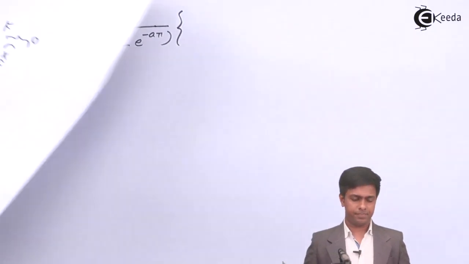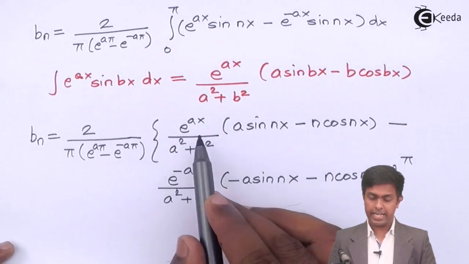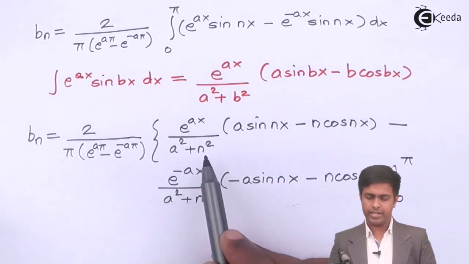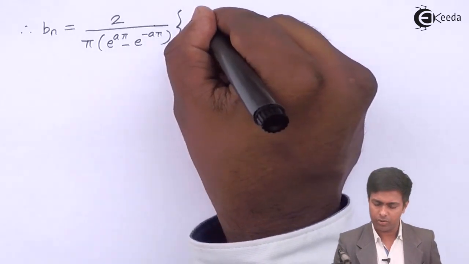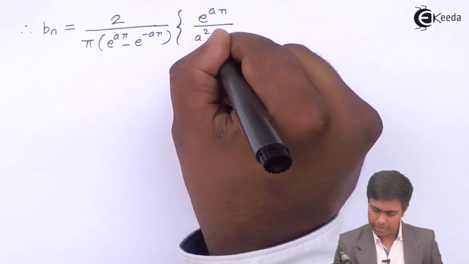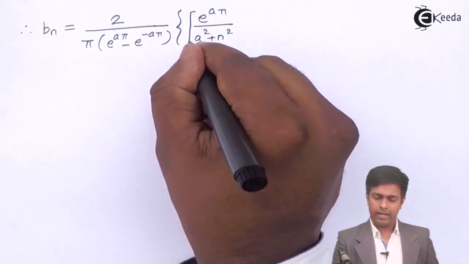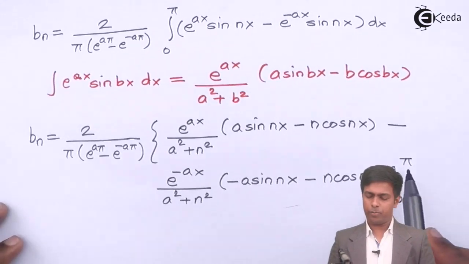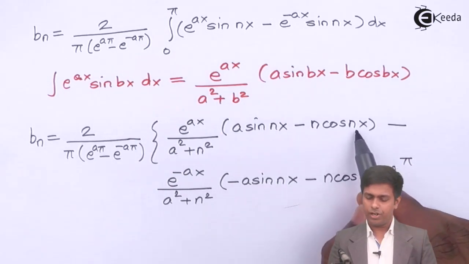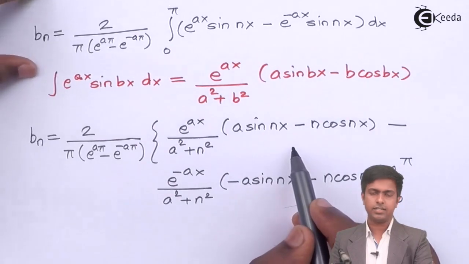In the bracket, if I put x as pi, we will get e raised to a pi upon (a square plus n square). So I'm substituting the upper limit. Next, if I put pi here, we get sine n pi, and sine n pi is 0. Here cos n pi is minus 1 raised to n, and minus n as it is.